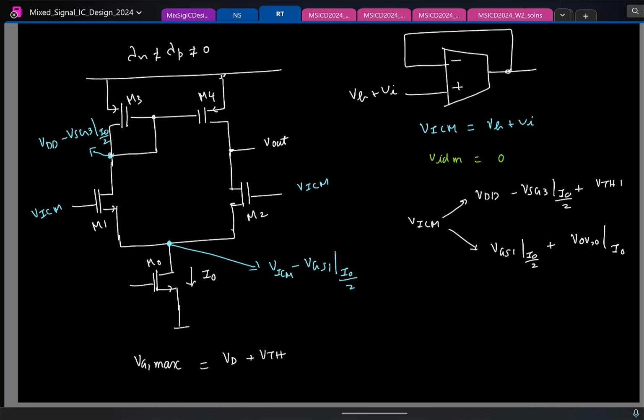Yeah. So now the goal is we want to find out what is the maximum and minimum the output can swing to, because again here you see that in this connection the output is also same as this. So if you keep changing the input or the bias voltage, even the output will swing. So we need to see how much is the maximum the output can go to and the minimum it can go to.